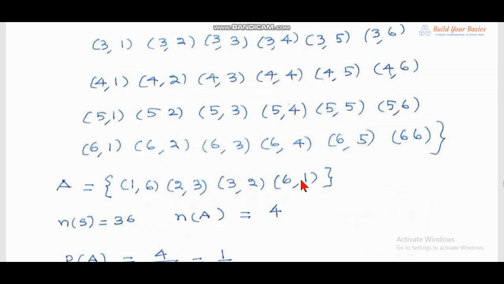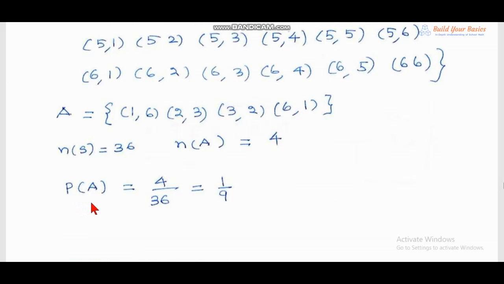Difference of face values 5, that is 1 6 and 6 1, difference is 5. The two outcomes are already included in A. So the event A is 1 6, 2 3, 3 2, 6 1. In other words, the number of elements in the event A is 4.